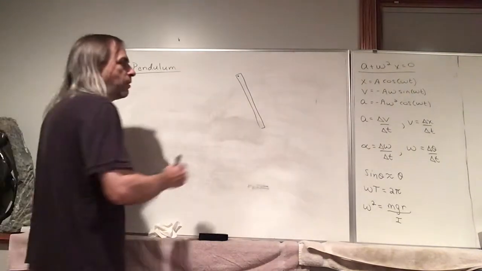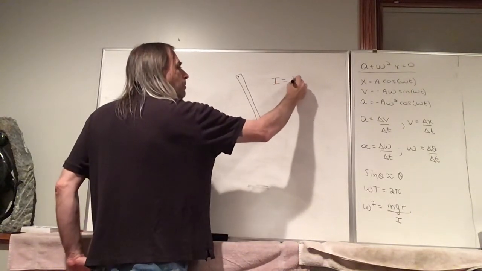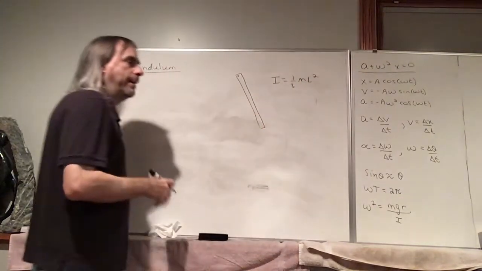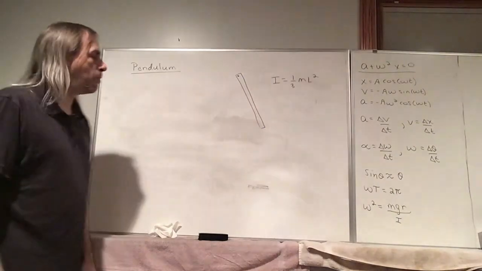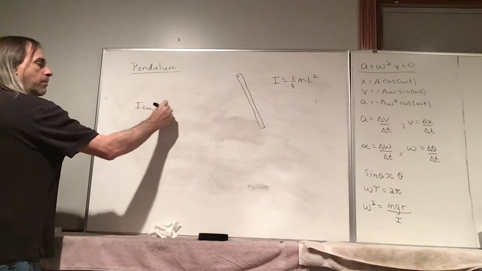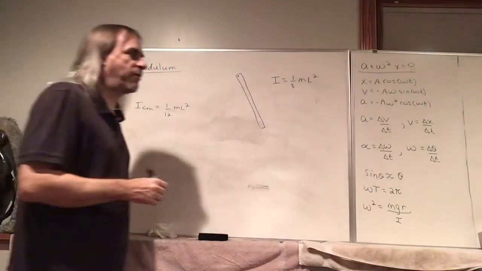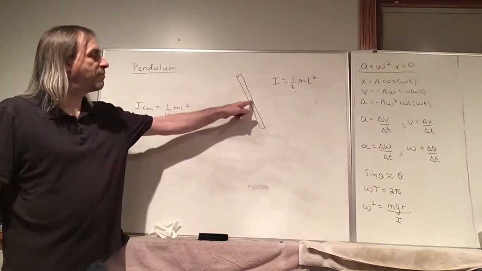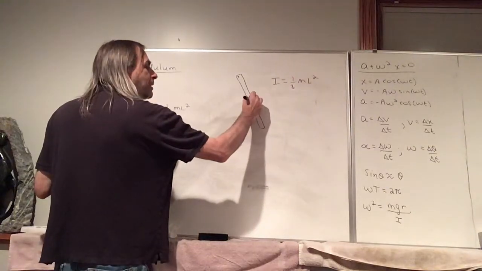So first we need to know the moment of inertia of this object about its axis of rotation. And that would be 1/3 ml squared. So remember, about the center, the moment of inertia would be 1/12 ml squared. That's in the formula sheet, so you can look that up if you need to. That's rotating this mass about the center of mass. And we can use the parallel axis theorem, where the center of mass is just the midpoint.